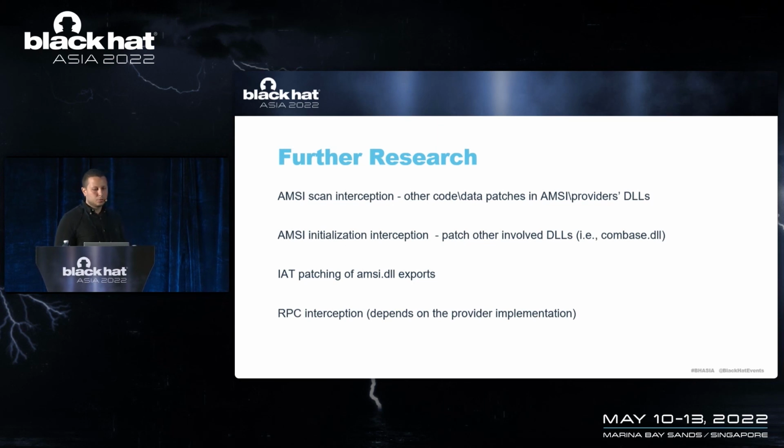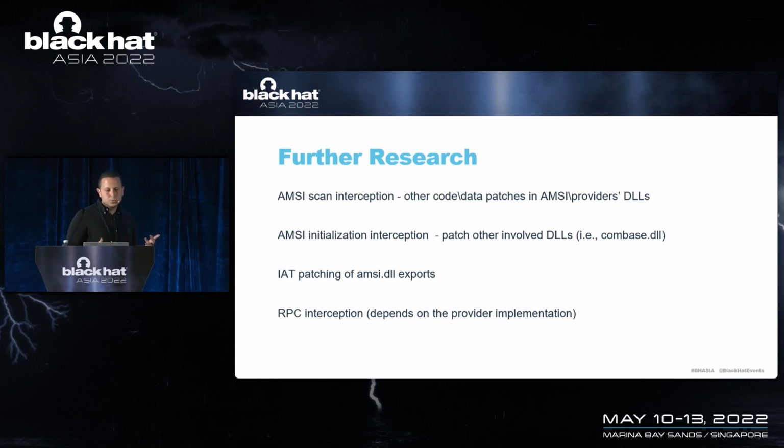Further research can also be done on AMSI scan interception and AMSI initialization interception. In scan interception, we can patch other code or data sections inside the AMSI DLL or the provider's DLL. In initialization interception, we can patch other involved DLLs like combase or any other DLLs that are related to the initialization process.